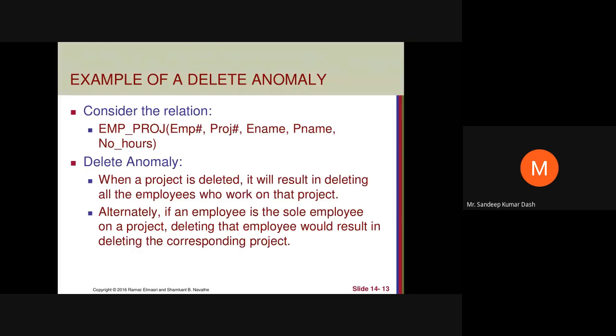Now suppose an employee has newly joined. Here the combination of employee number and project number is the primary key. If an employee newly joins, he is not allocated to any project yet. So how do you enter the data of the employee in the table?